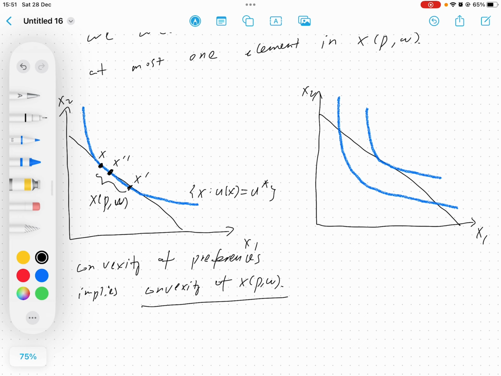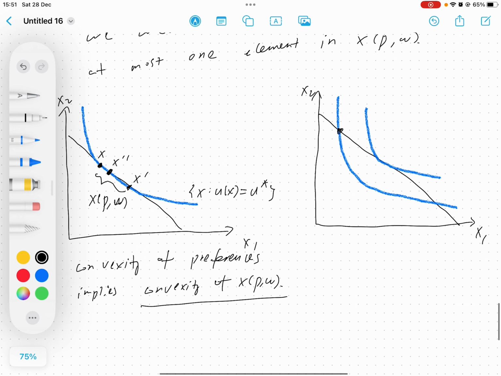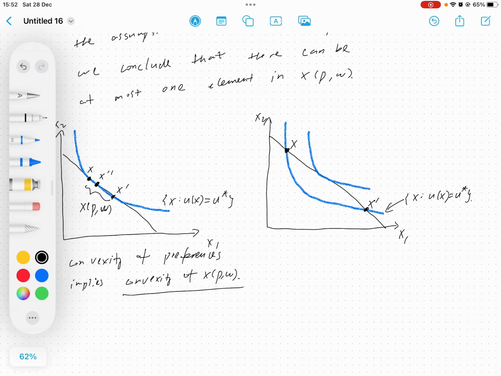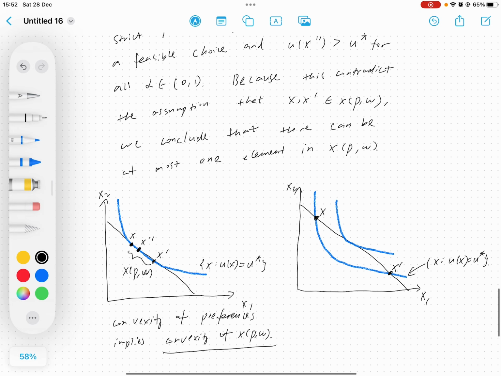Let's suppose this is x and this is x prime, as we set in the argument, and this would be the utility u star. We were talking about contradictions, right?